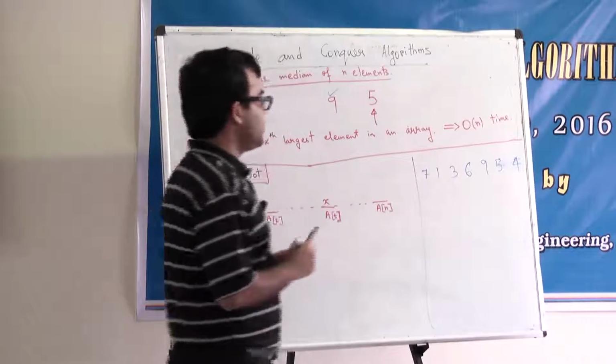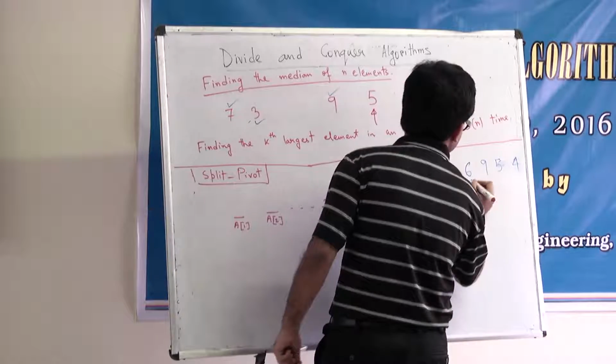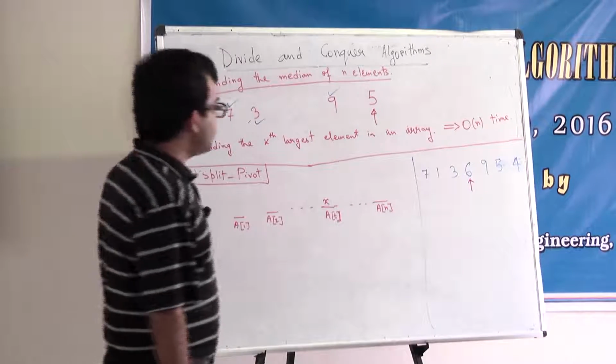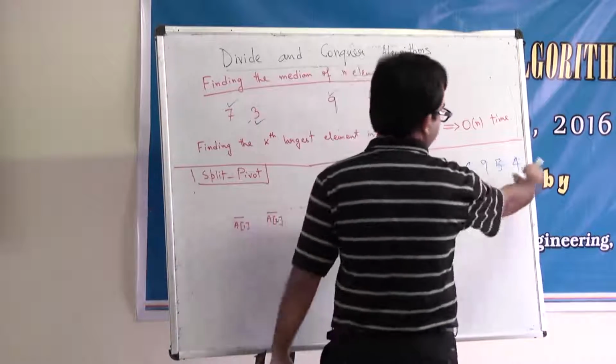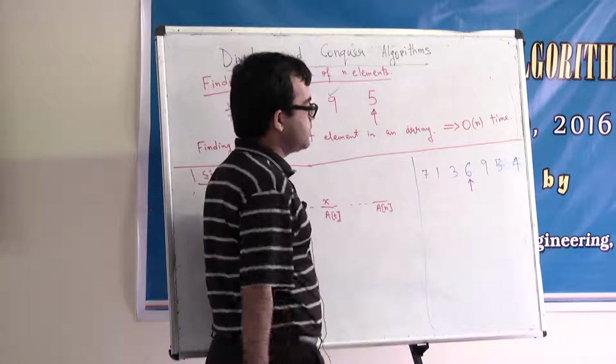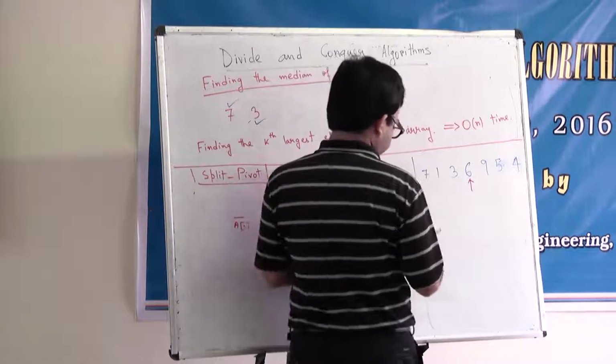More interesting. Suppose this is your array, okay? And I call the split pivot routine with 6. Then what you want to do is, all the numbers that are smaller than 6 should come before 6. All the numbers that are larger than 6 should go after 6. So this will be a valid input, right?